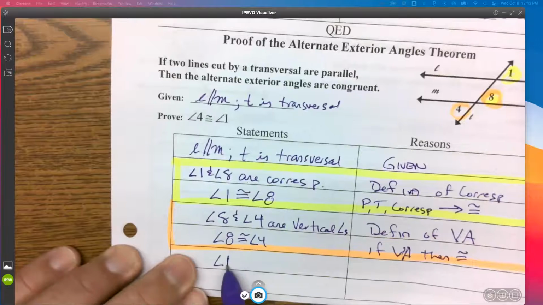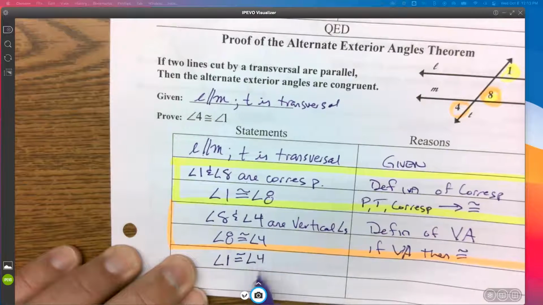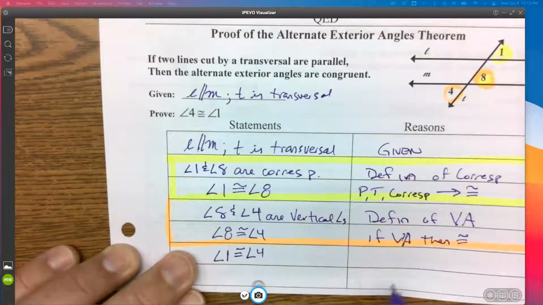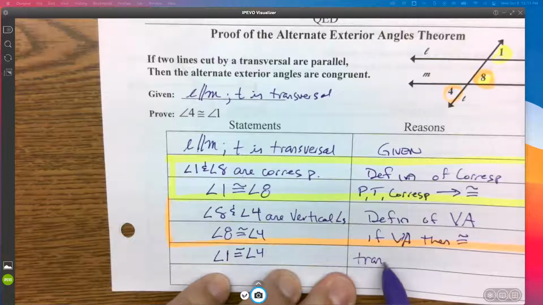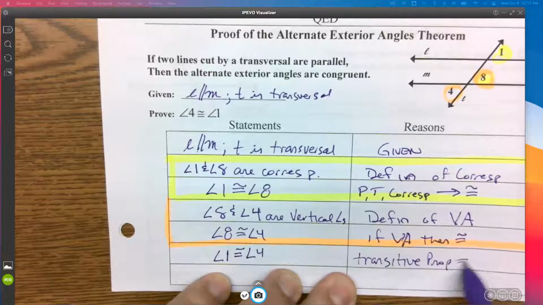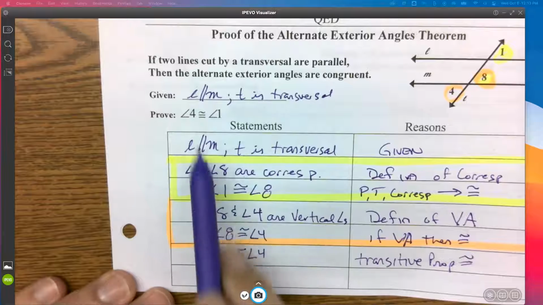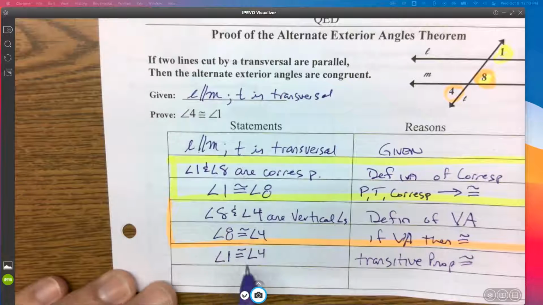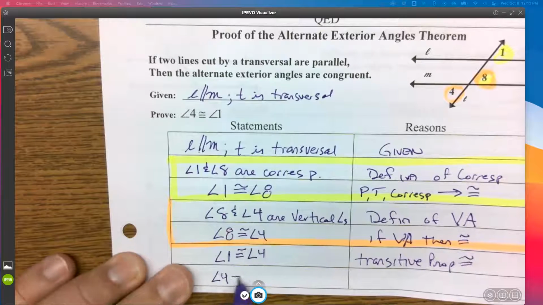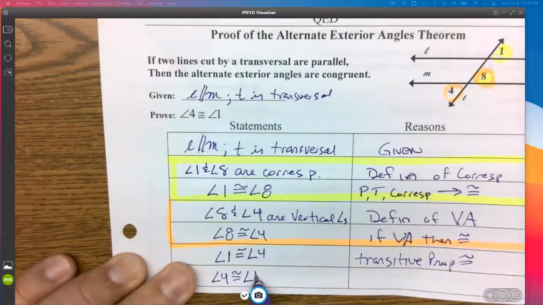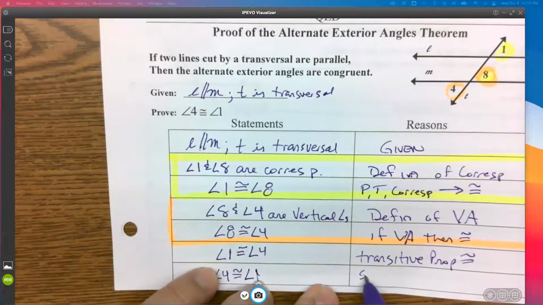When I apply it, I'm going to get angle 1 is congruent to angle 4. That's transitive property of congruence. But that's not what I wanted. So I need to do one more step to say angle 4 is congruent to angle 1, symmetric, which cleans up my mistake.